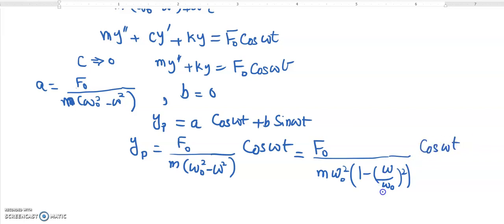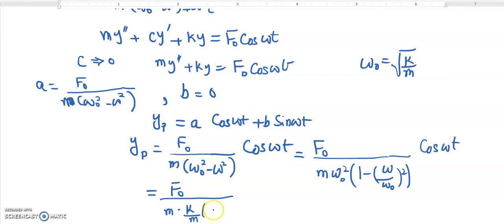So omega over omega naught. And then if we represent omega naught squared by k over m, because omega naught squared was k over m, this m will cancel out also. So f naught times m, that is, k over m, times 1 minus omega over omega naught squared, cosine of omega t.